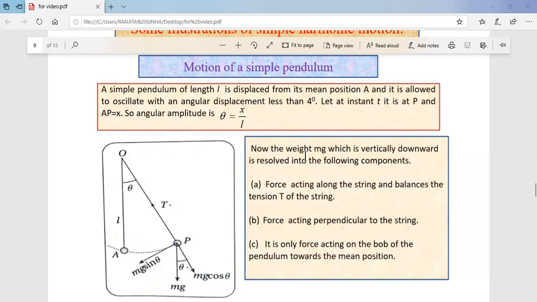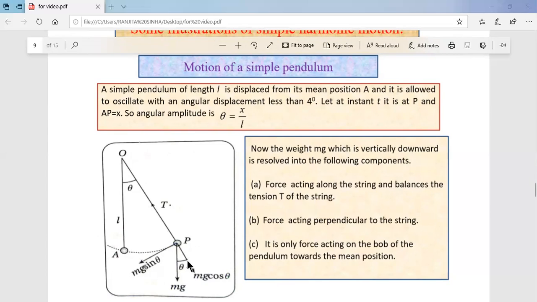Now the weight mg, which is the weight of the bob, is vertically downward, and it is resolved into the following components. The force acting along the string balances the tension T of the string.